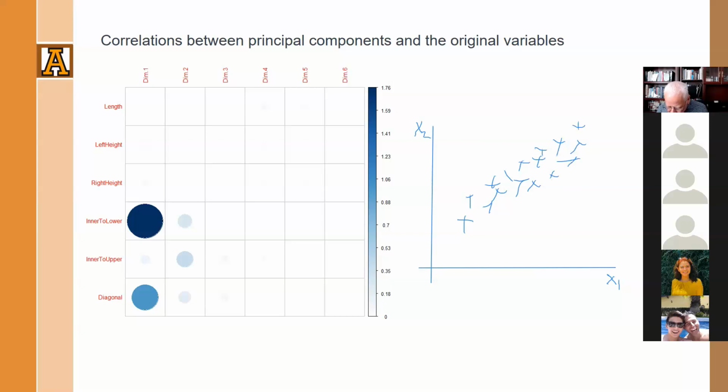Now, the principal component transformation is all it's doing is changing the axes. I'm rotating the axes with the principal components transformation so that my new axes are now this.